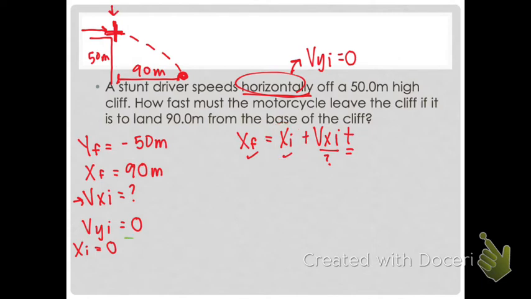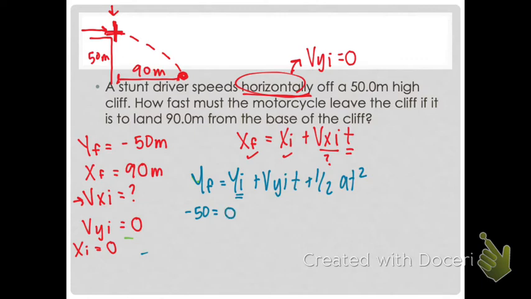Okay, so let's go look at this second equation. Y final equals Y initial plus VYI t plus 1/2 a t squared, okay? Y final we said is negative 50. What's Y initial always? Initial displacement is always 0.